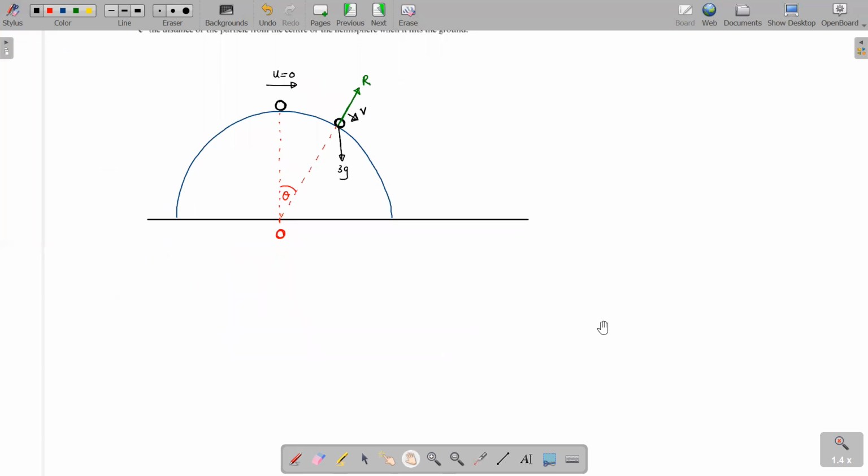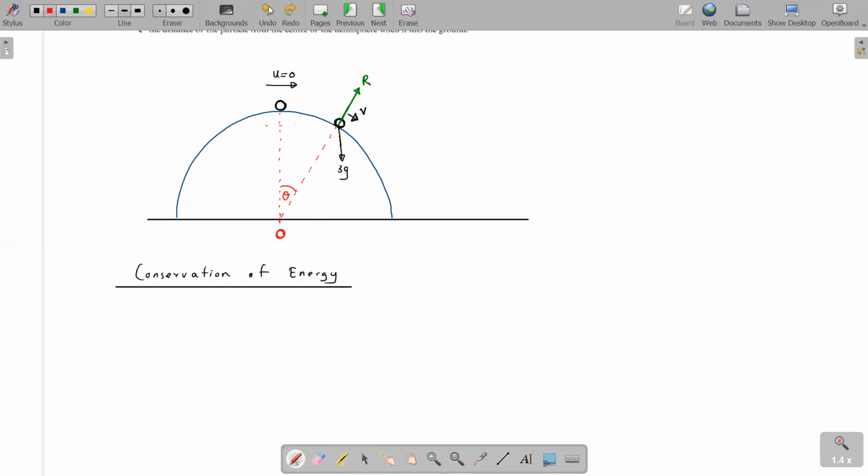First we'll use conservation of energy. When we use conservation of energy, you need to set a GP 0 level that can be arbitrary. You can decide wherever you want. You could take this point as the GP 0 level to make things easier for you.